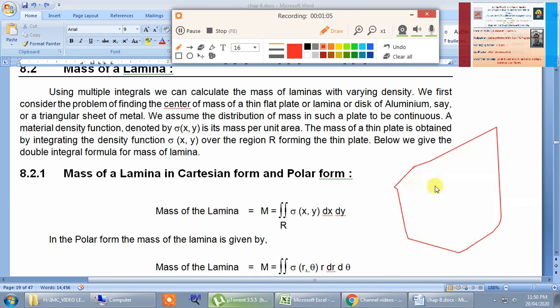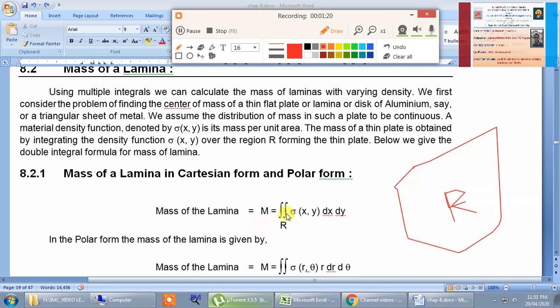So if this is your lamina, and suppose that R is the region of the lamina, in that case, what is the mass of the lamina?